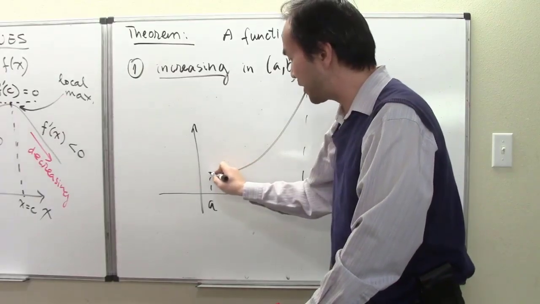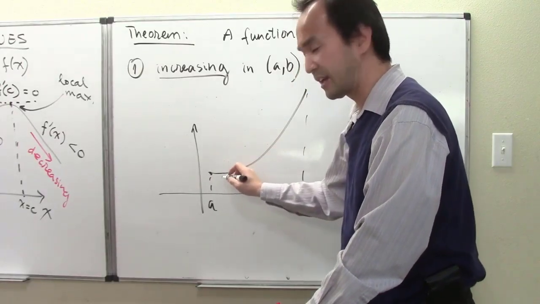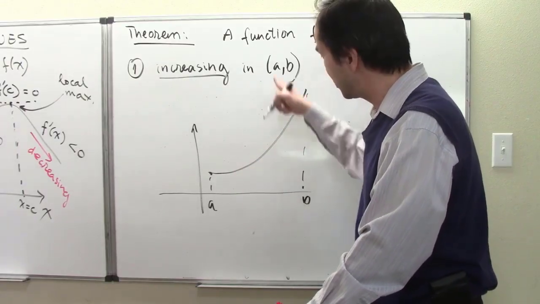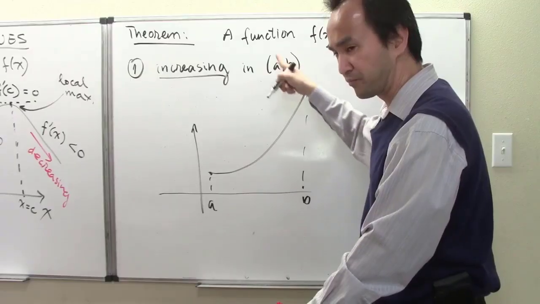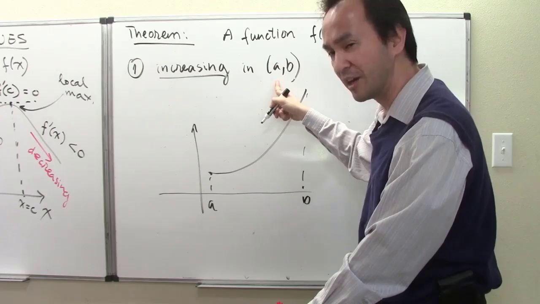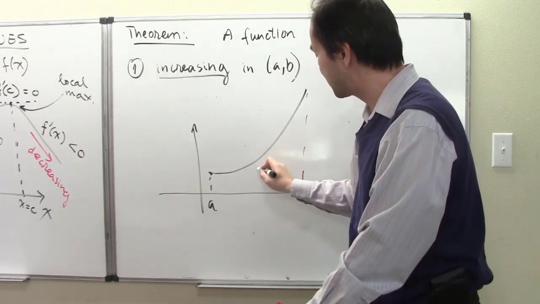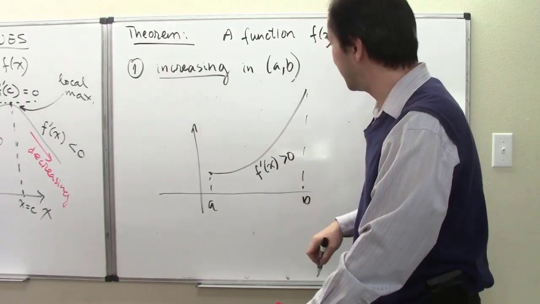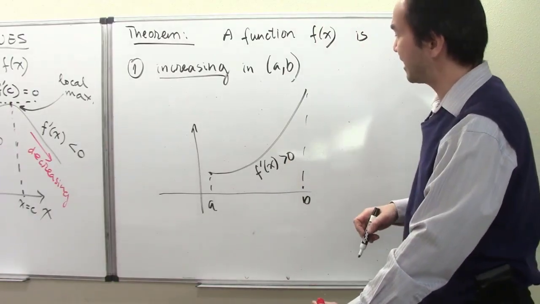Now for increasing or decreasing, we have to be talking about strictly inside an interval. So I'm using the parentheses here instead of the brackets for a closed interval. So this is an open interval. But see, increasing means what? The derivative has to be positive here. Okay. So now we're formulating that into the theorem.